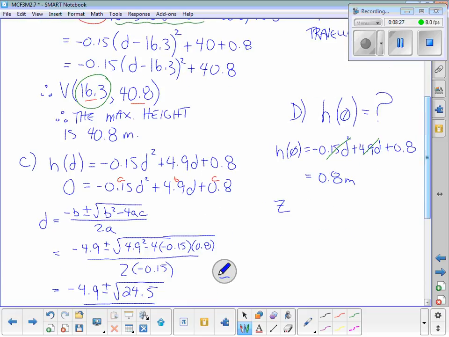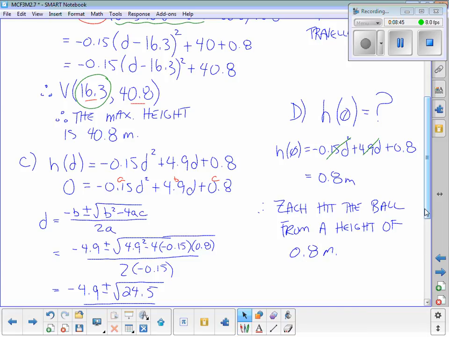Therefore, Zach hit the ball from a height of 0.8 meters.